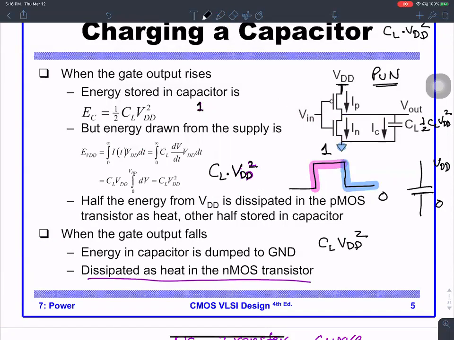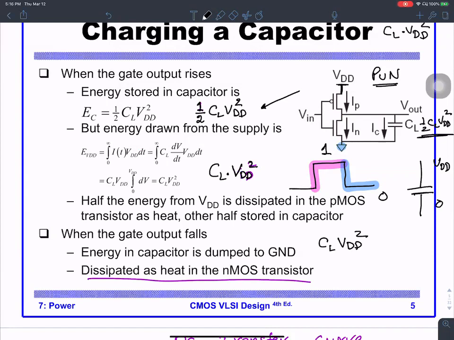And you have to notice that only half of the total energy drawn is stored in the capacitance. The rest, half CL VDD squared, the rest of the energy drawn from the power supply, is dissipated in the PMOS.